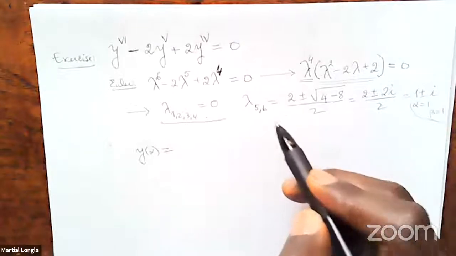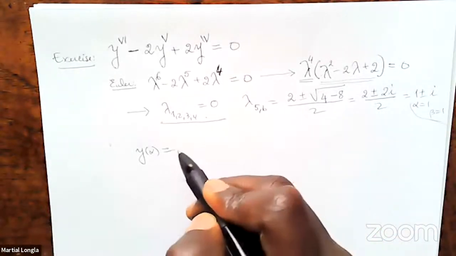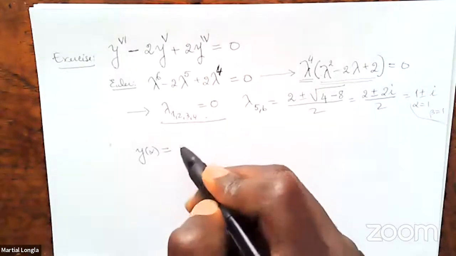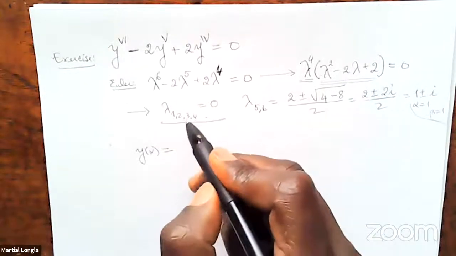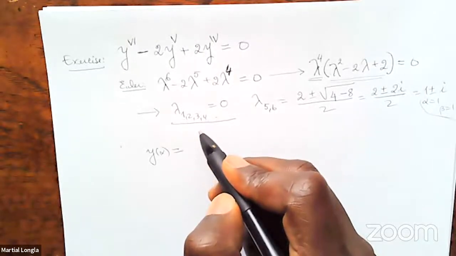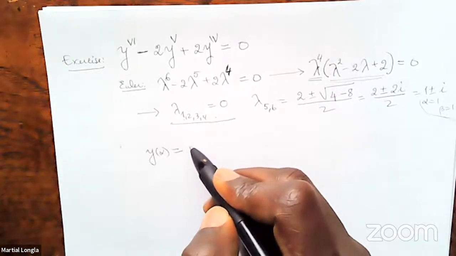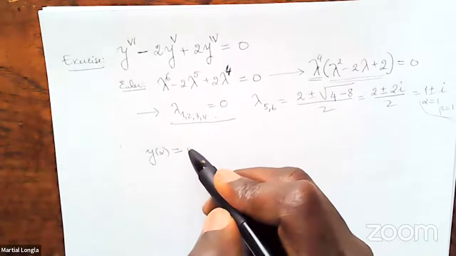I've got the first one, I'm not sure about the 5, 6. So what's the first one? Lambda 1.